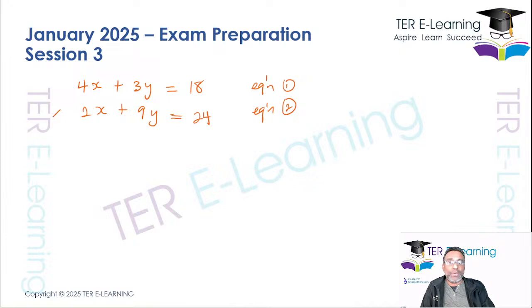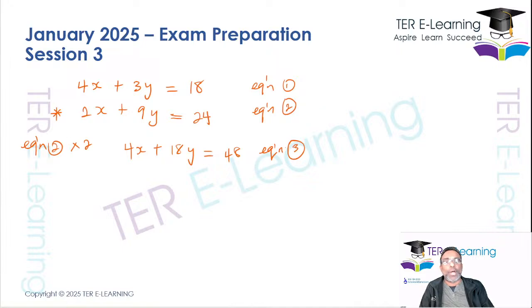What I'm going to do, that second equation, I'm going to multiply it by 2. So equation 2 multiplied by 2, you're going to end up with 4x plus 18y, and this is equal to 48. Let's call that equation 3 now.